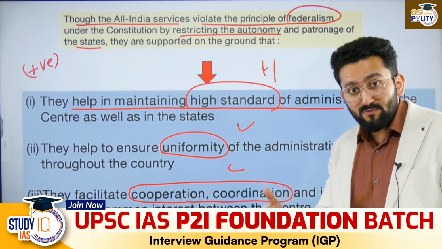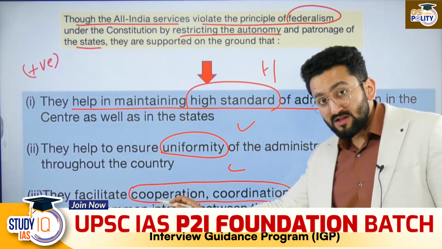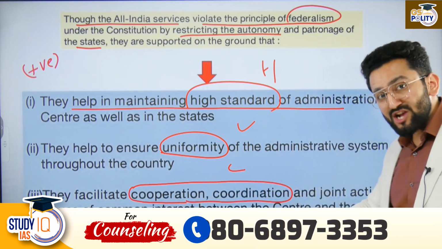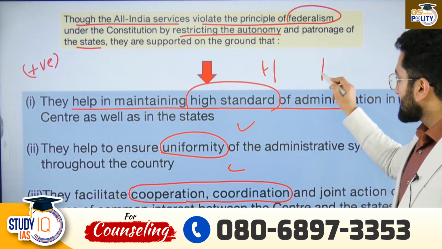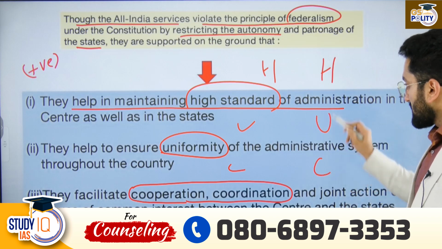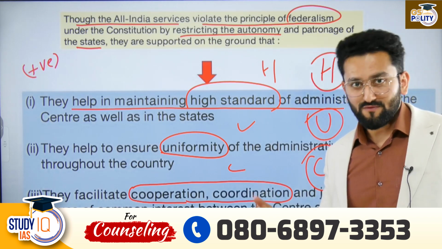So if all these people are trained through a common mechanism, then having this coordination, cooperation and joint action would become easier. So please remember these 3 points whenever you have to talk about the positives of this.